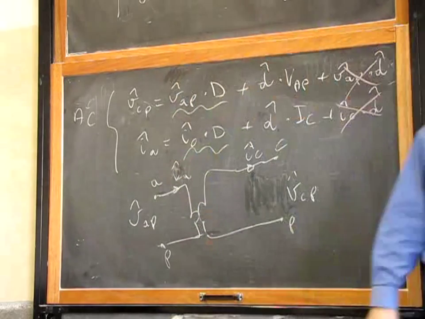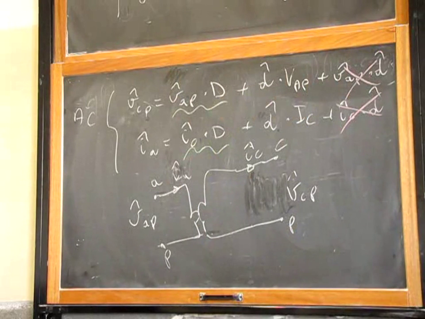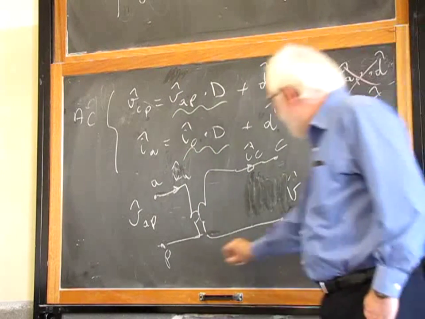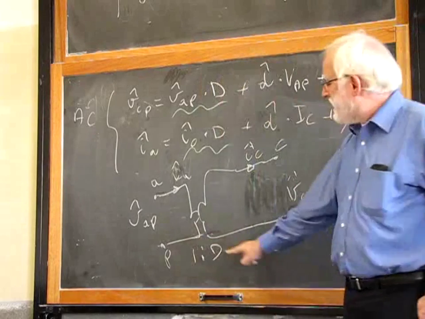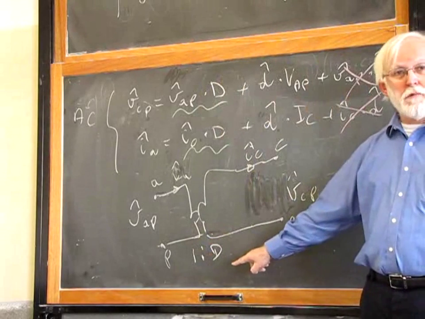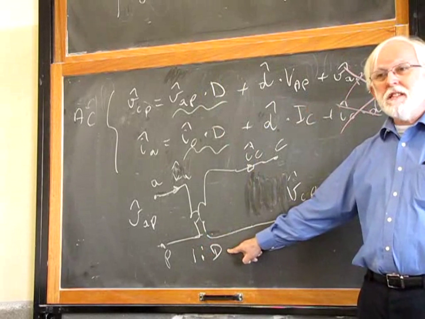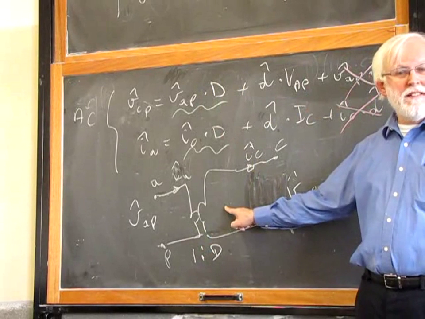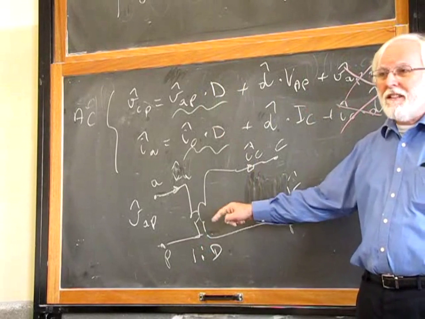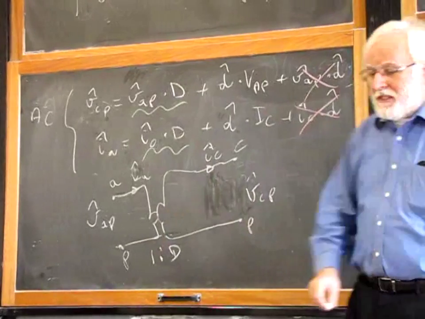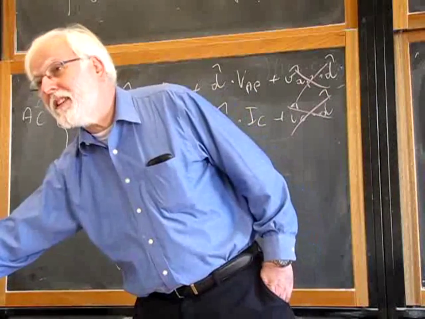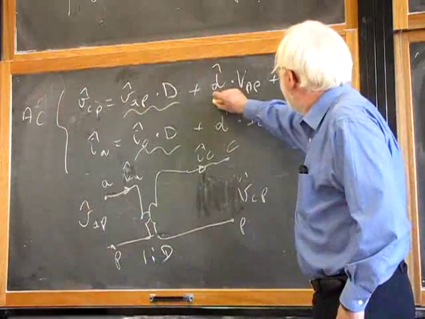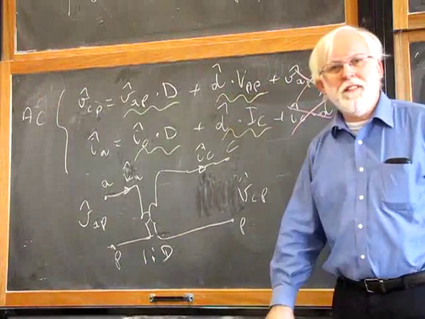What's the transformation ratio of this transformer? 1 to D. Capital D or small case D? Capital D. It means that this small signal transformer works with a constant duty cycle, with a constant D factor. Linear or non-linear? Linear. We linearized it. But it's not the whole story, because we have one extra term for each equation. This equation and this equation.